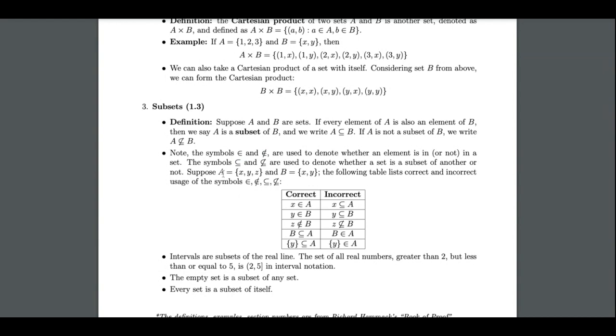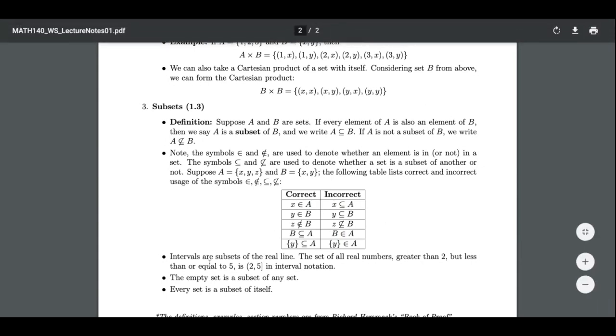So now, set A has 3 elements, X, Y, Z, and set B has 2 elements, X, Y. Then obviously B is a subset of A, so we would write B is a subset of A. But we cannot write B belongs to A. No, B does not belong to A because that is for an element.